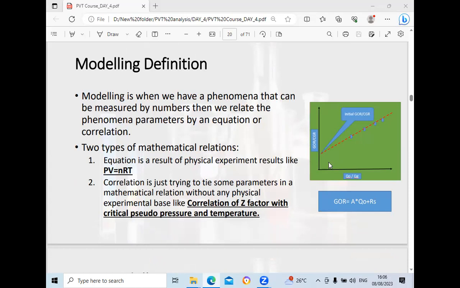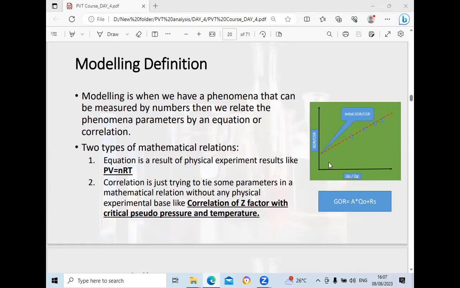So what we have here is a simple definition of what a model looks like. A model is when we have a phenomenon that can be measured by numbers. Then we relate the phenomenon parameters by an equation or correlation.